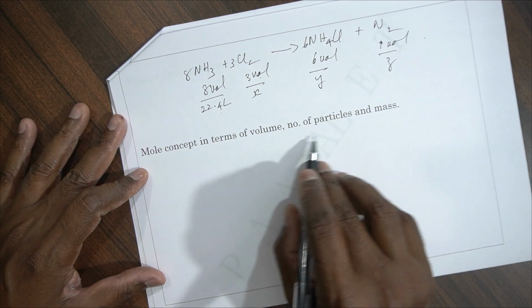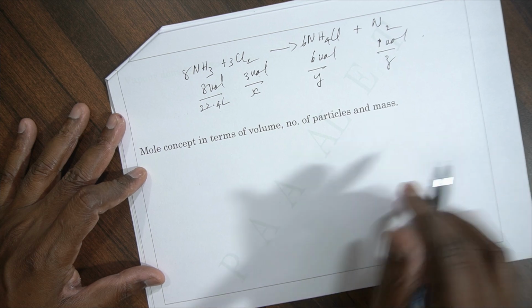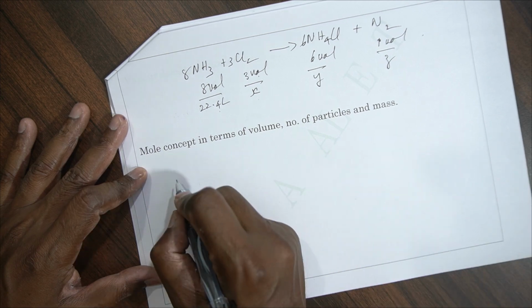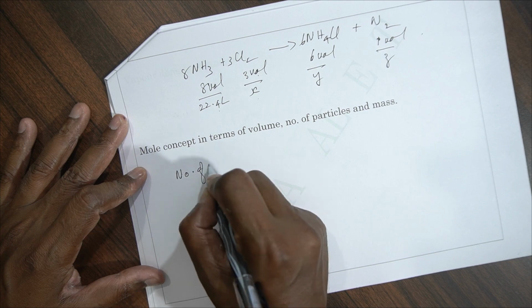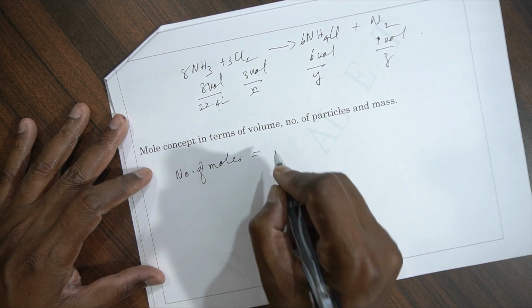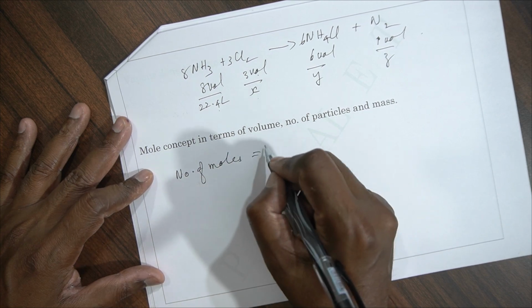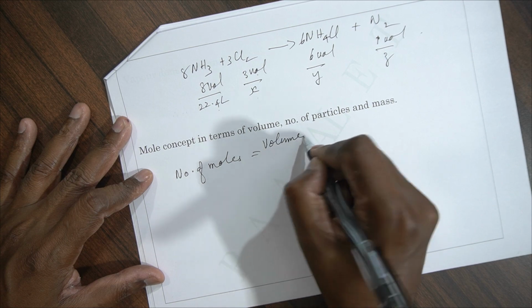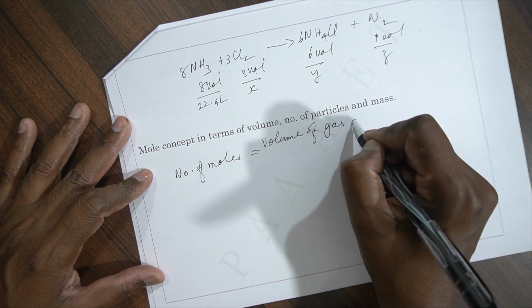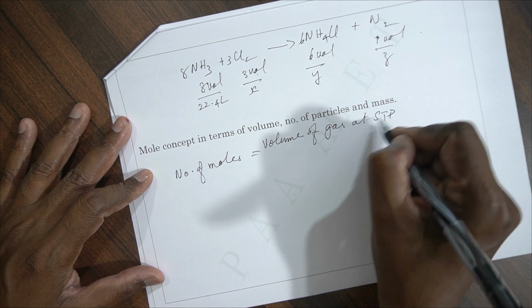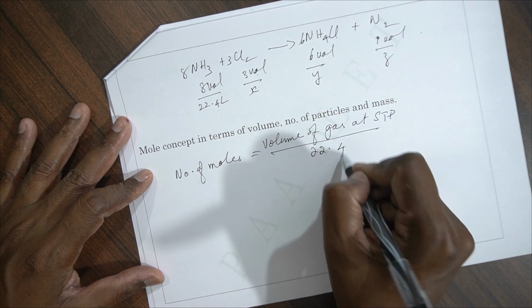Then mole in terms of volume, number of particles and mass. What is mole? Number of moles is equal to volume of gas at STP divided by 22.4.